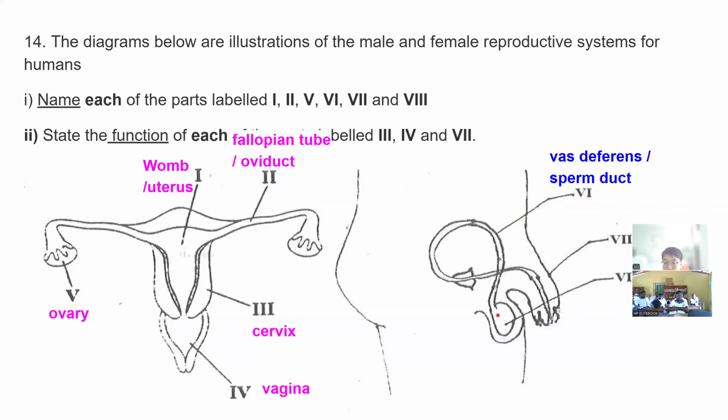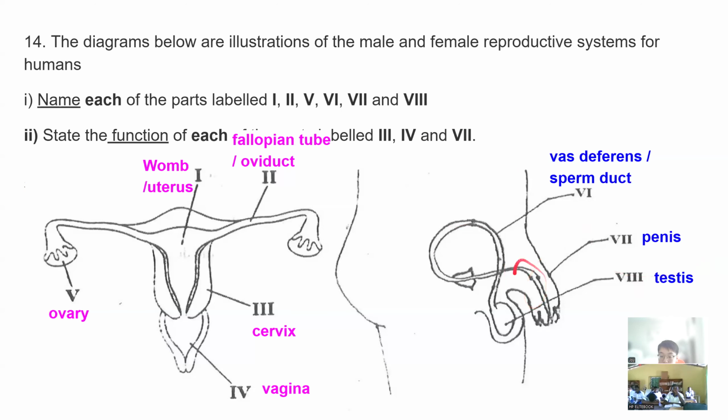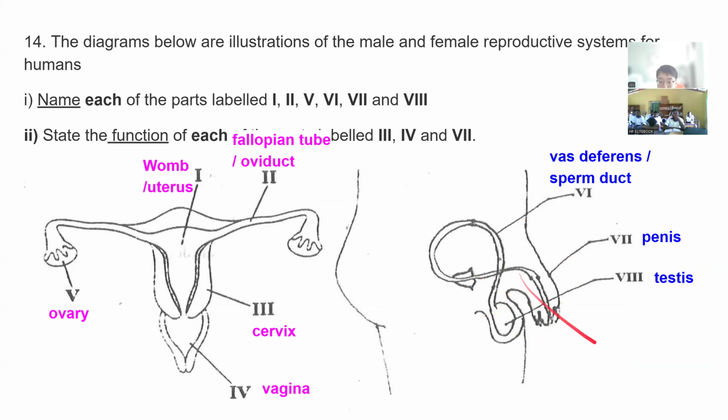You can think of the vas deferens as just a pathway for the sperms to be transferred. And then 7 is the penis. And number 8, these are the testes. And this is just where the sperms are produced. These are also called the gonads.